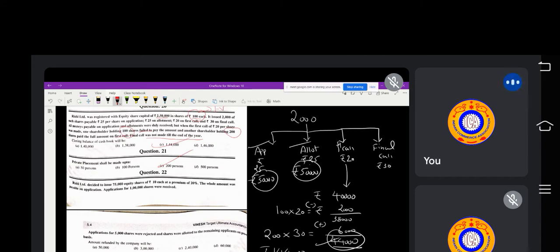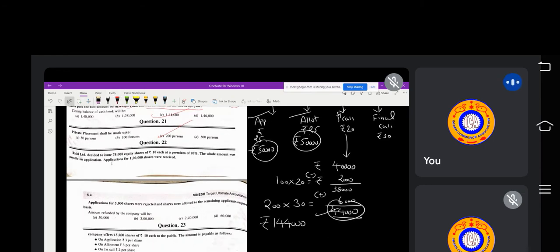Okay. Now moving on to sum number 22. What is mentioned in sum number 22? It is stated that Rishabh Limited decided to issue 75,000 equity shares of rupees 10 each at a premium of 20 percent.